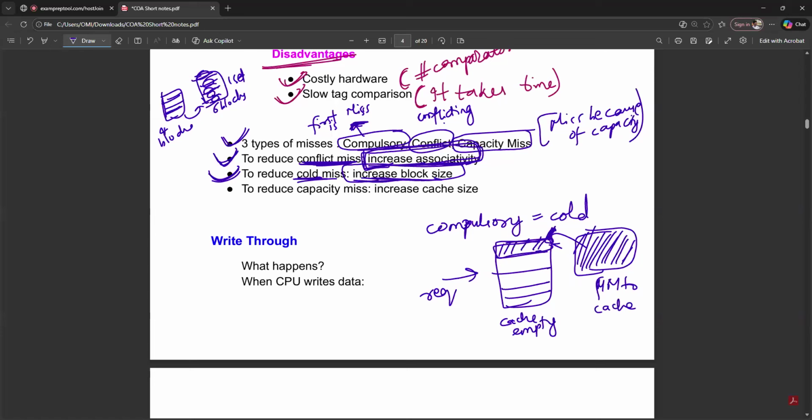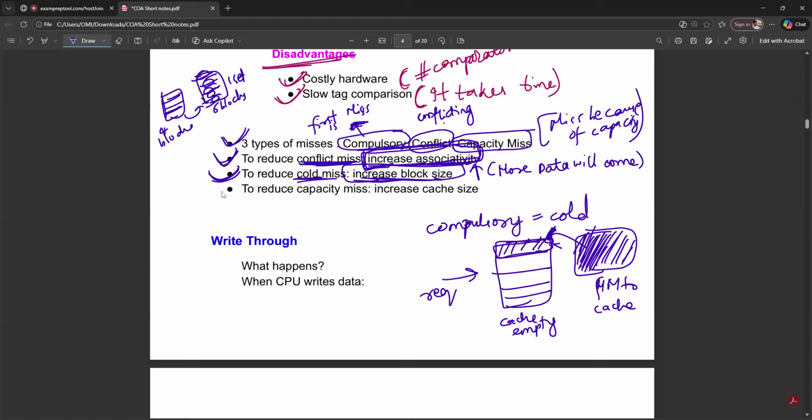In computer architecture, if there is a miss in the cache, you go to the main memory and fill the block. So if you increase the block size, more data will come, and there will be fewer compulsory misses.